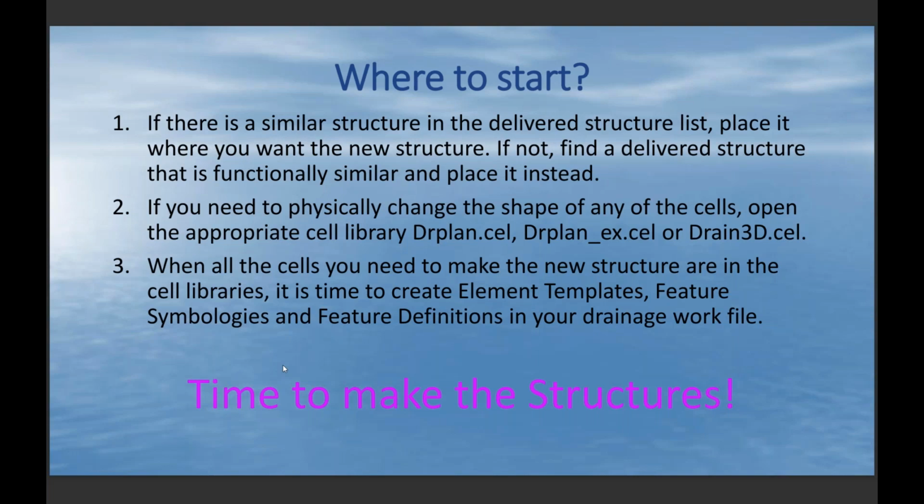Like the example I was giving earlier, the pond control structures. You'd want to use the inlet type that was the basis for your pond control structure, whether it's a C or a D or whatever. You make a copy of that one in the feature definition and the feature symbologies for that. You make copies of those in the current file and rename them to what your new structure combination is going to be represented by.